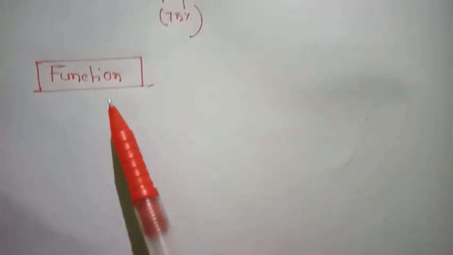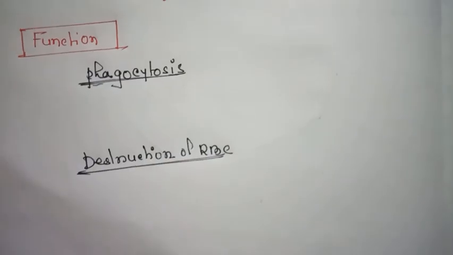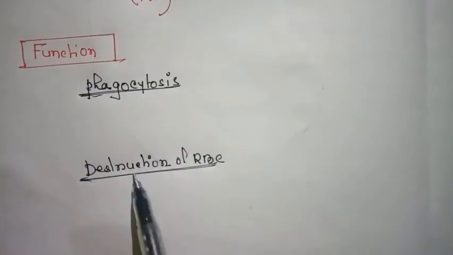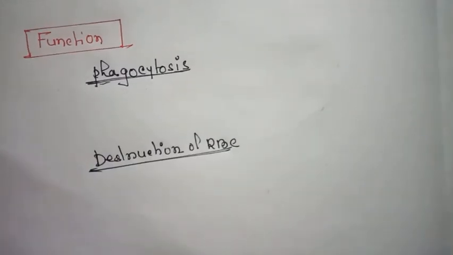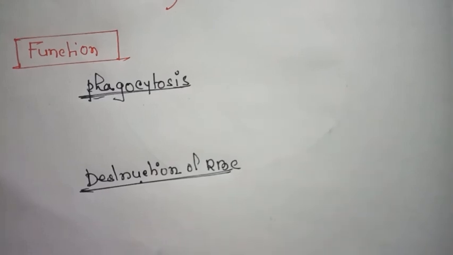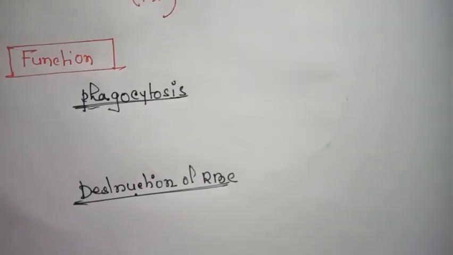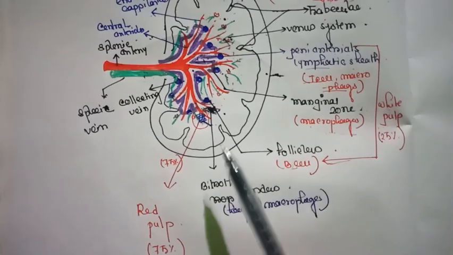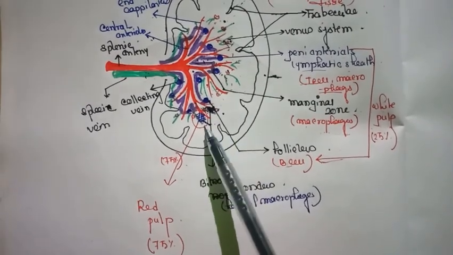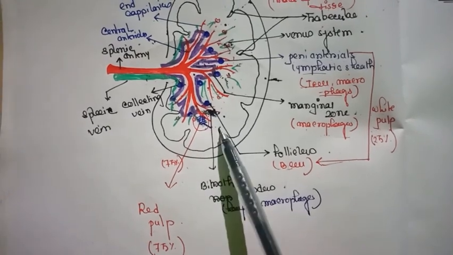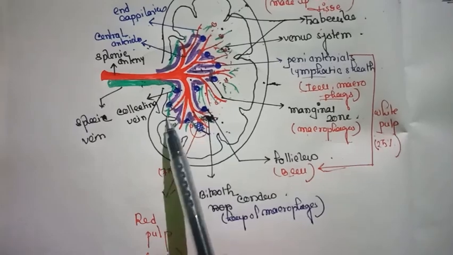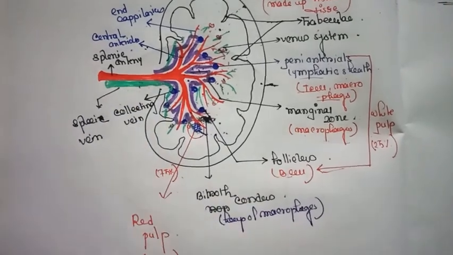Next I discuss the functions of the spleen. The most important functions of the spleen are phagocytosis and destruction of RBC. I discuss these two functions jointly, and I already told you that old, abnormal and unhealthy red blood cells are destroyed by the red pulp in the spleen and broken into bilirubin and iron, which are transported by the splenic vein and portal vein.